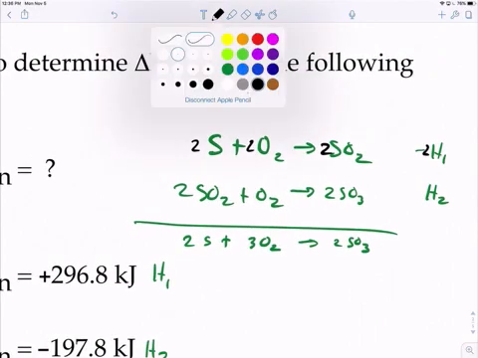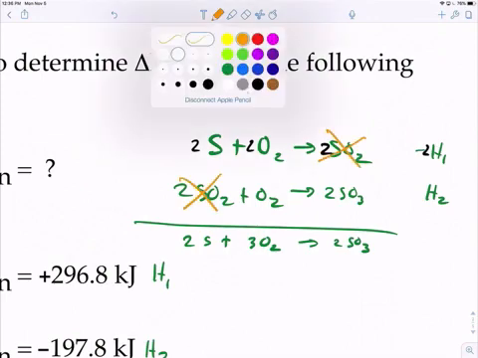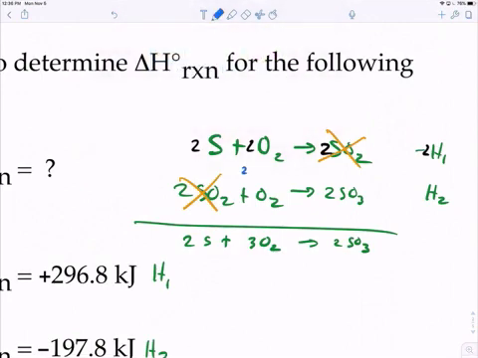And as promised, the SO2s cancel. And then the 2 plus 1 equals 3 O2s. So right here, we are left with what we want.